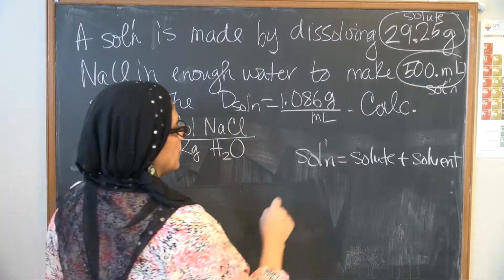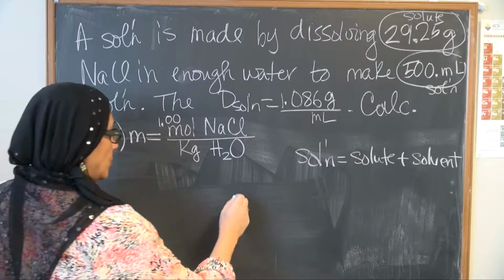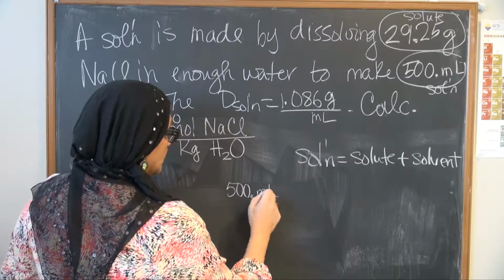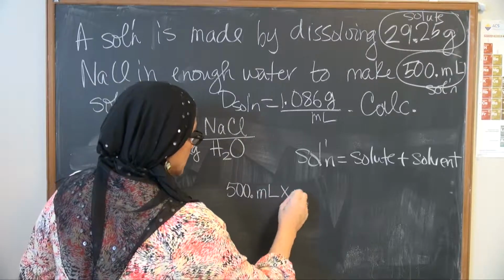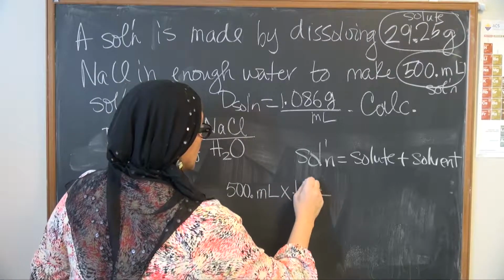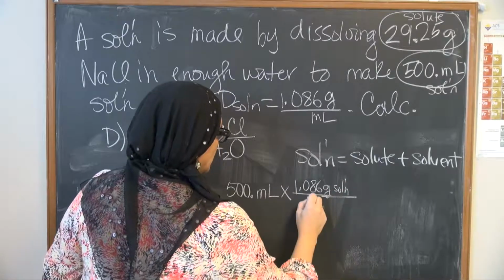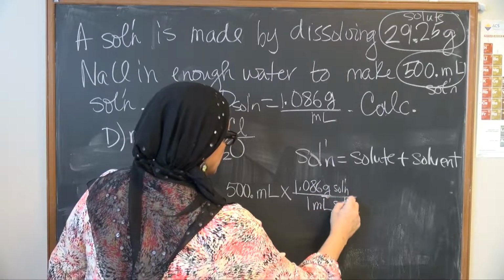Okay, so let's figure out the mass of our solution. We have 500 milliliters, this is all solution, times 1.086 grams of solution per milliliter of solution.